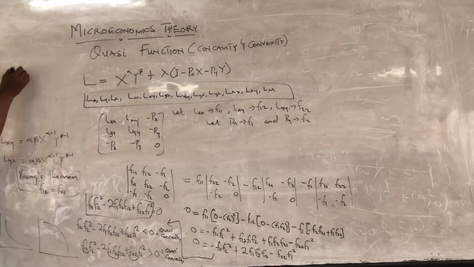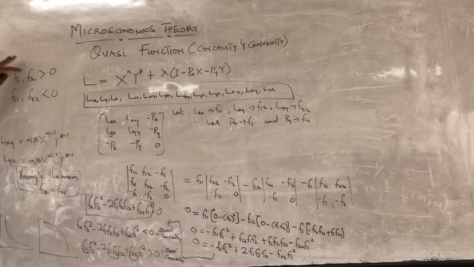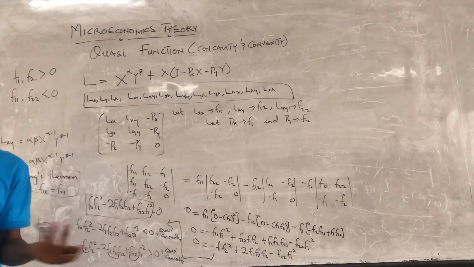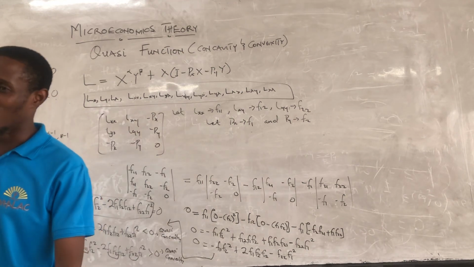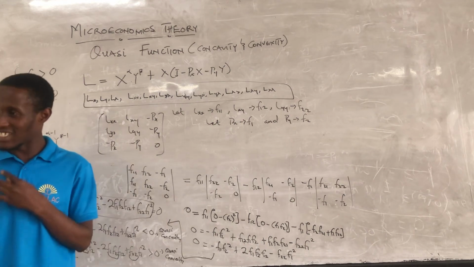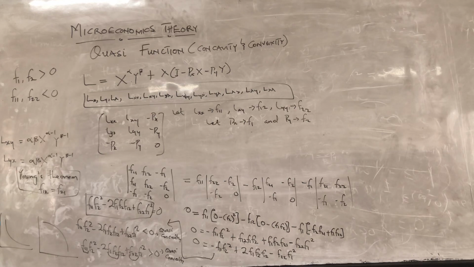And we stated that F1 and F2 should be less than 0. So you look at it: when this is negative, this is positive, how will it give? So you look at that, then you apply some normal algebraic thought to convince the examiner that with this you get a concave, and with this you get a convex. So that's the quasi concavity, quasi convexity.